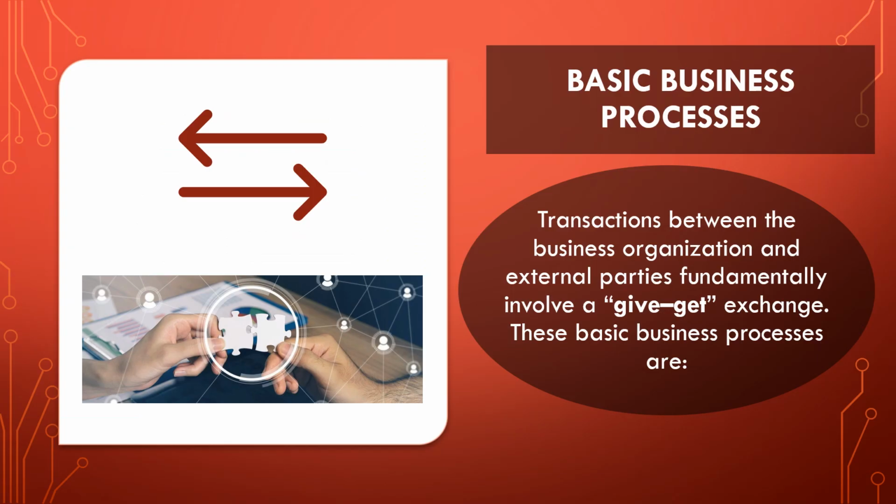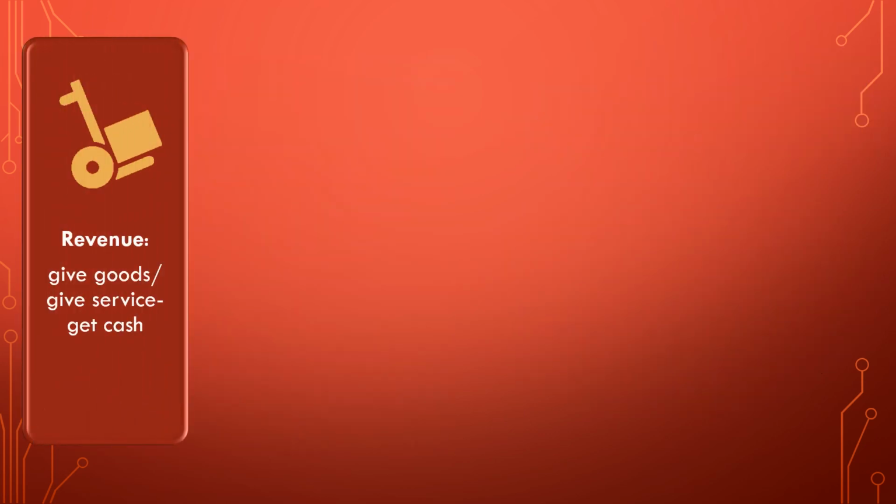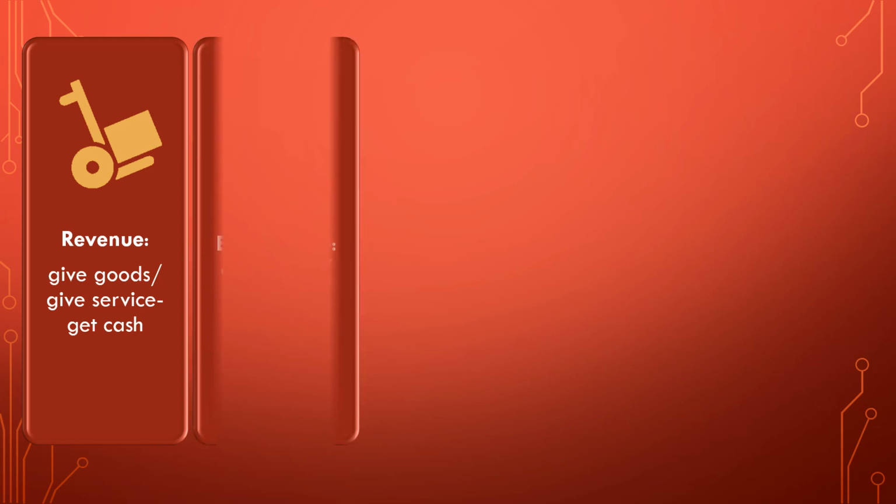The basic business process is a transaction between business organizations and external parties. It fundamentally involves a give and get, or give and receive, exchange. Under revenue: give goods, give services, and get or receive cash.